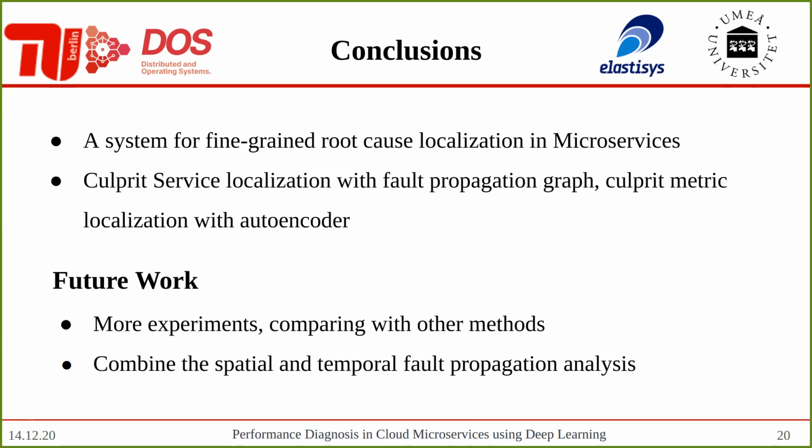In the future, we would like to conduct more experiments with more types of anomalies and compare with other methods. Again, our system failed to localize the culprit metrics when multiple metrics manifest significant deviations. So in the future, we would like to combine spatial and temporal fault propagation analysis to cover more types of root cause.